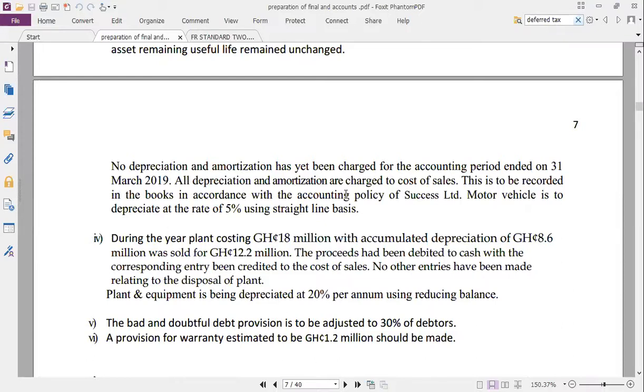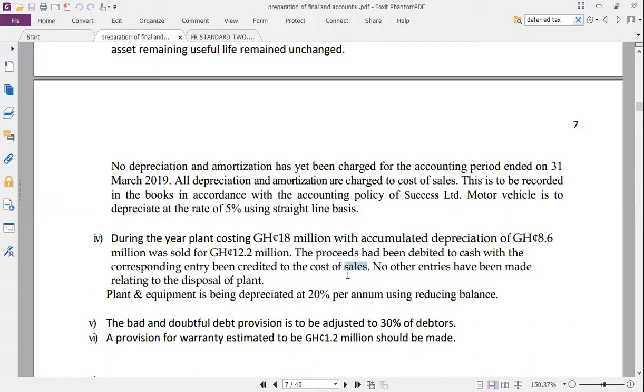It says that the plant and equipment is being depreciated at 20% per annum using the reducing balance basis or method.